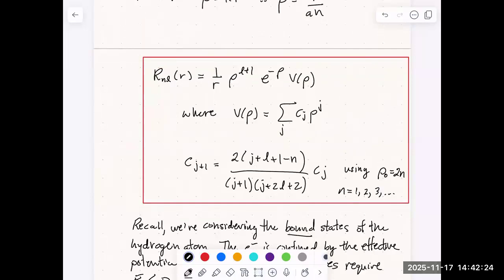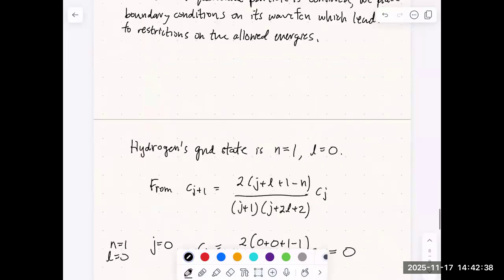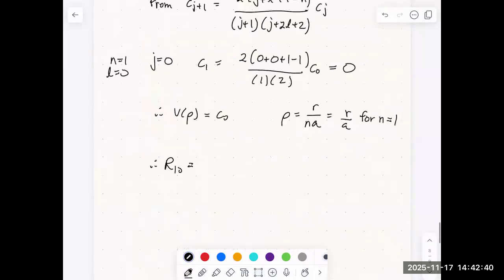We'll have a 1 over r, rho to the power l plus 1, so rho to the 1, e to the minus rho, and then our power series, which just reduced to C0, a constant.